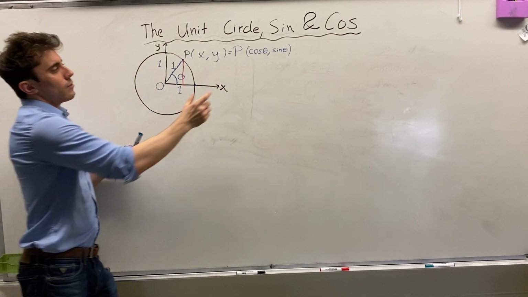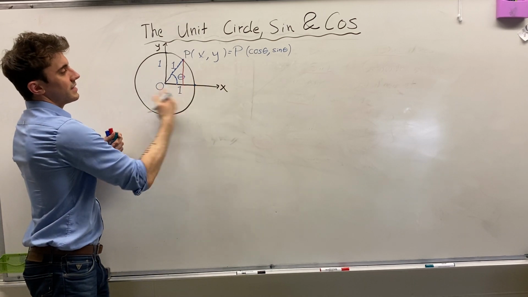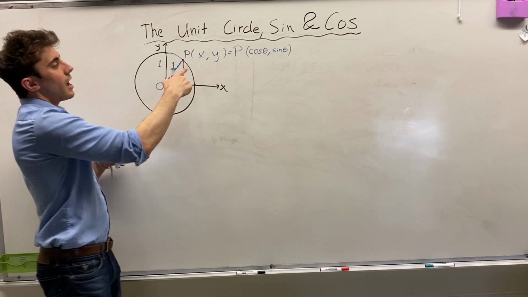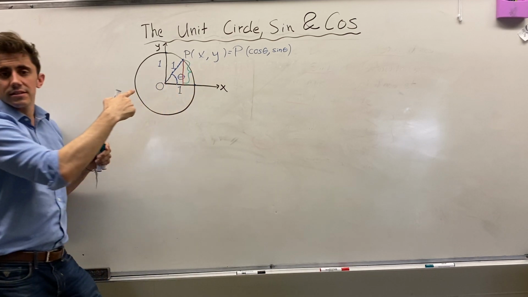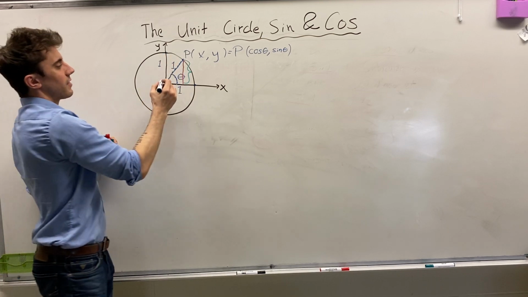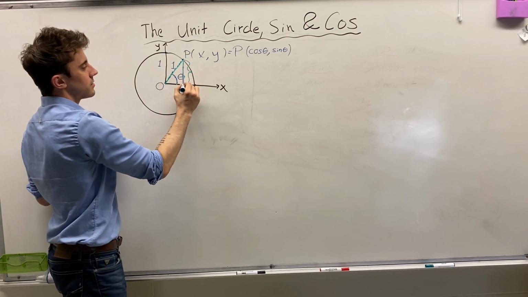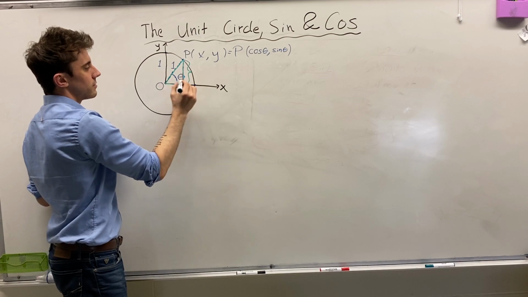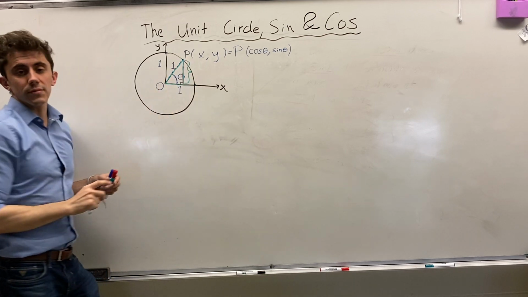Now, our y-coordinate, right, since we're starting on the positive x-axis, our y-coordinate is simply the vertical height of this line here, of the line that creates this nice right-angled triangle with point P on the top corner, okay?